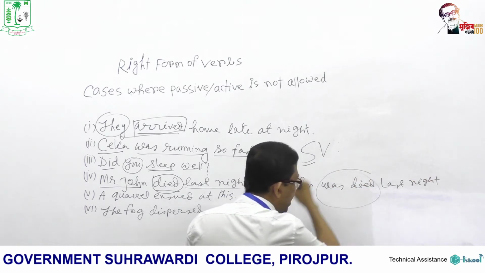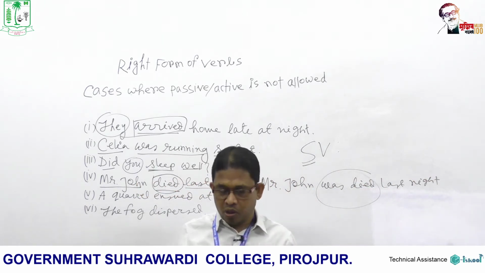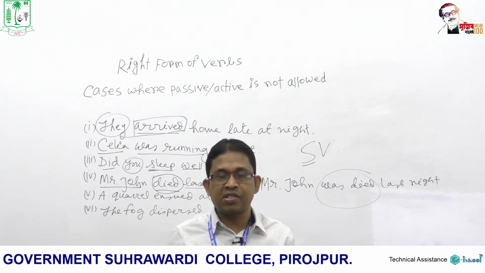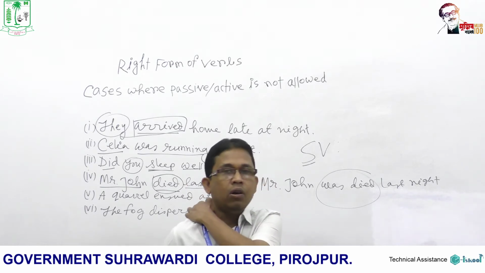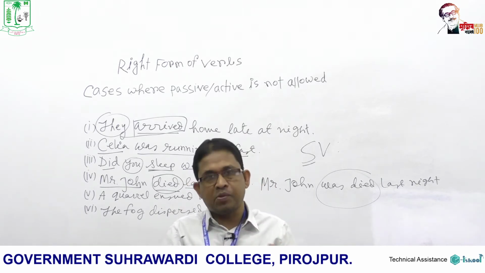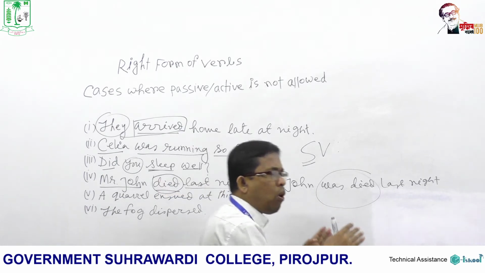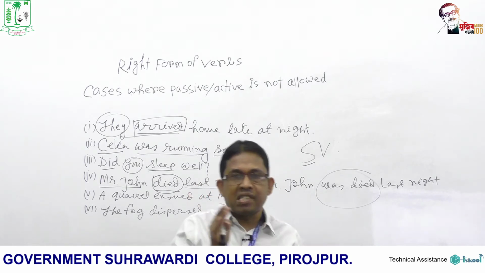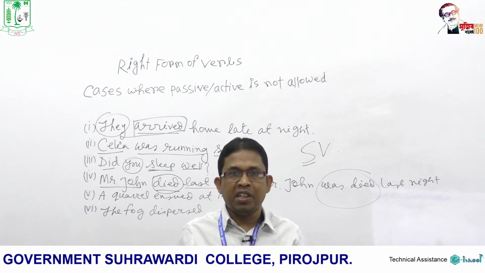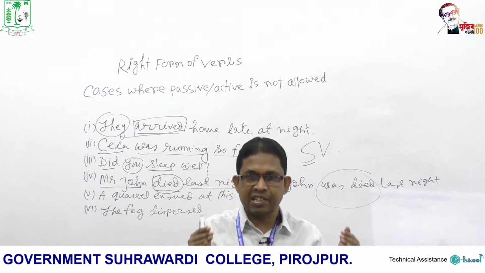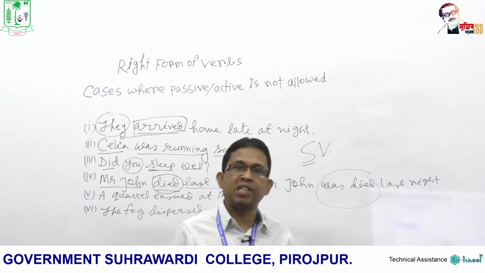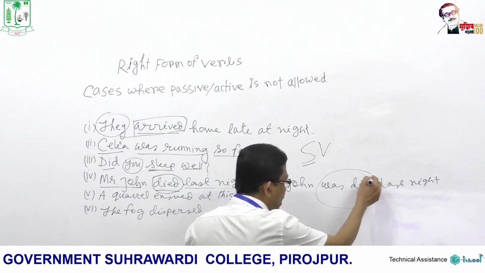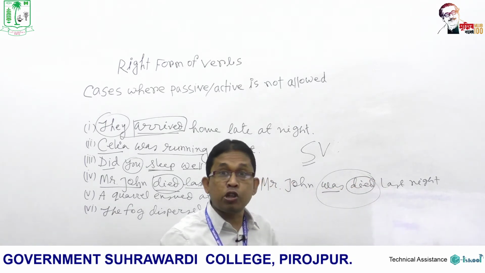Was died, that is, you have made passive. What is the basic feature or the main feature of passive sentence structure? The basic feature of the structure of passive sentence is that we have to use always, no exception, the past participle form of the main verb. In all the passive sentences, we have to use the past participle form of main verbs, and before that an auxiliary is a must.